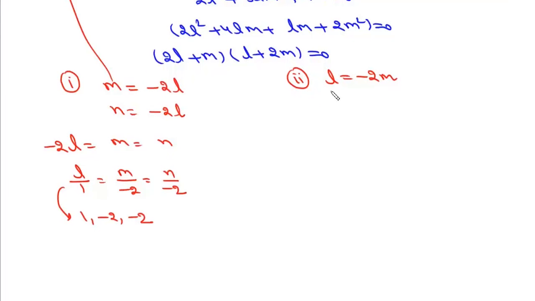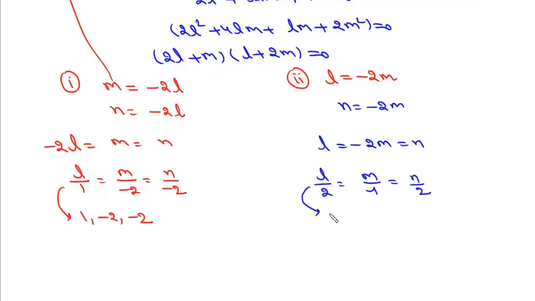Now in this second case, if we put l as minus 2m, we'll get n as minus 2m. So we'll get l equals minus 2m, and it is equal to n, or we can write l upon 2 equals m upon minus 1 and n upon 2. So for this line, direction ratios are 2, minus 1 and 2.